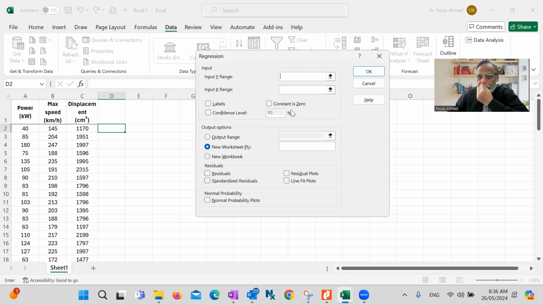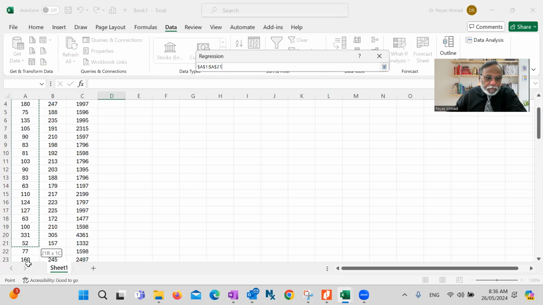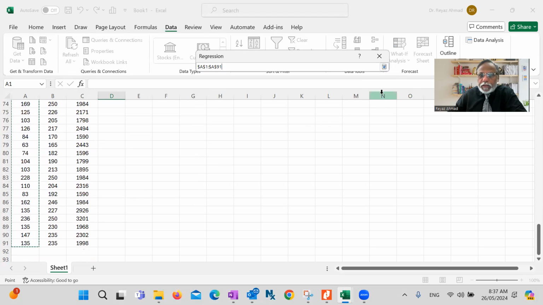Once I get Regression, I click it, then it wants me to put some information. So the first one is where you will put the input y range. So I will click this one and select from the label the y value. I selected, and I see here in the A column it goes from 1 to 91. That means no data is missing over here. I have selected all of them.